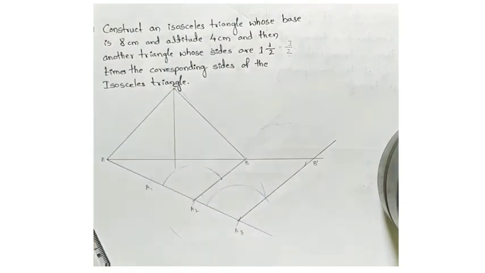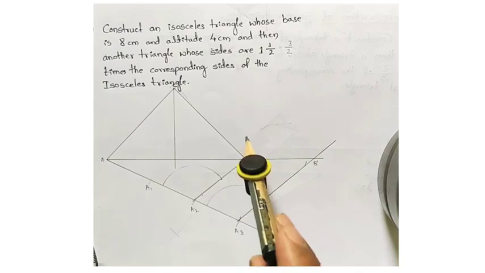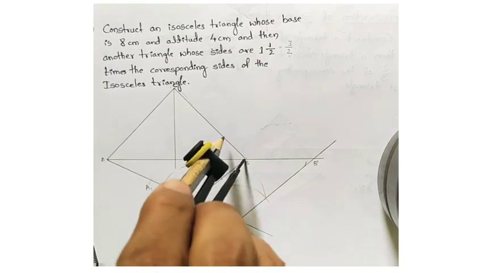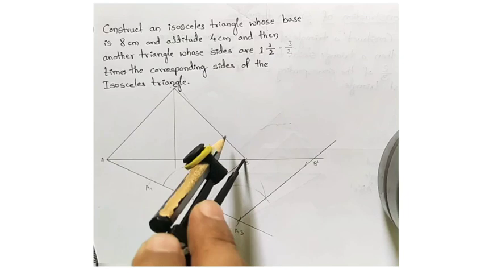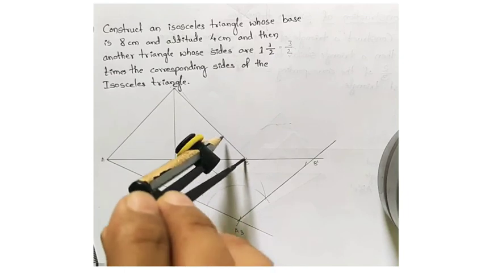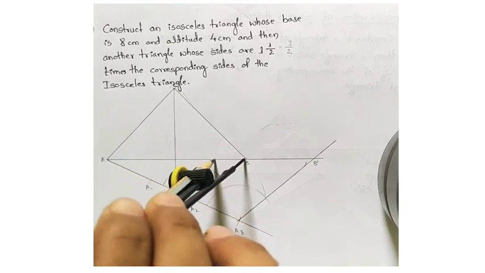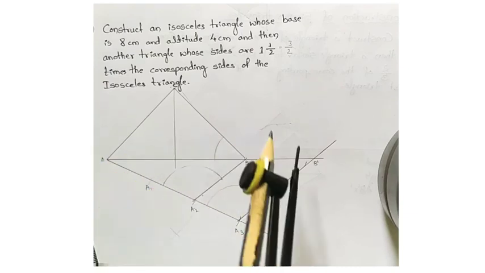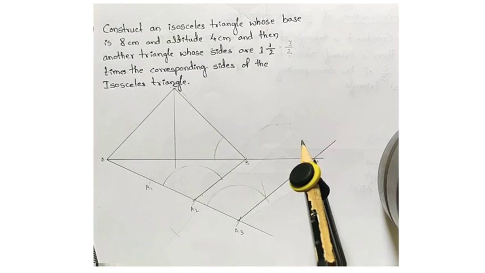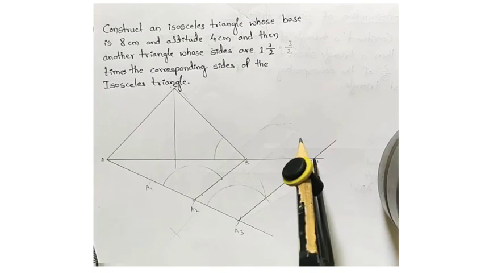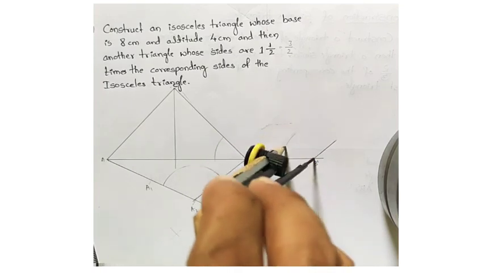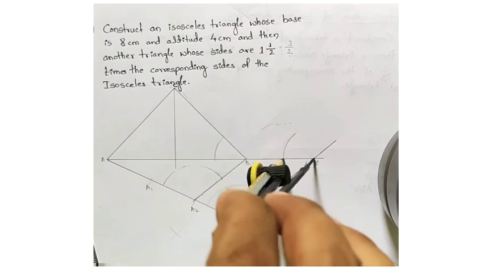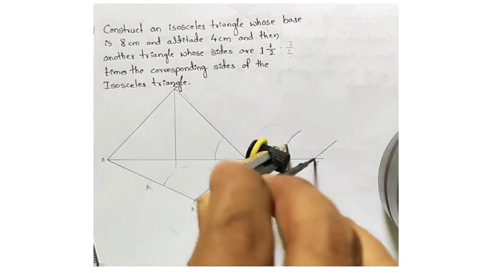Okay, so again using the arc method, draw one arc, and without changing, the same arc, draw from the B dash.